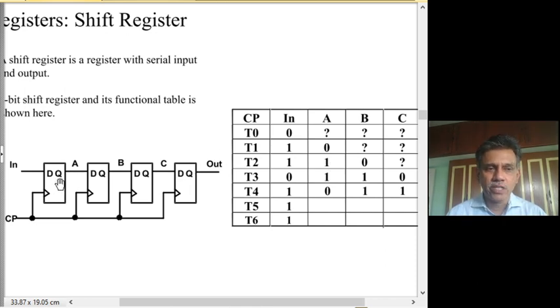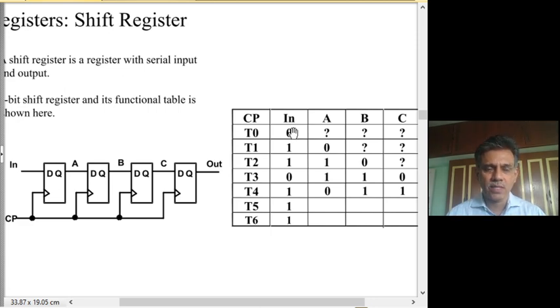While the bit that was originally present in the first flip-flop, available in A, which was 0, will get stored in the second flip-flop when a transition occurs between T1 and T2, and at clock period T2, that 0 which was in A becomes available at B, and then after one more clock period it will be available at C. So you see that bit 0, originally present at T0, moves forward from one flip-flop to another in every clock period.